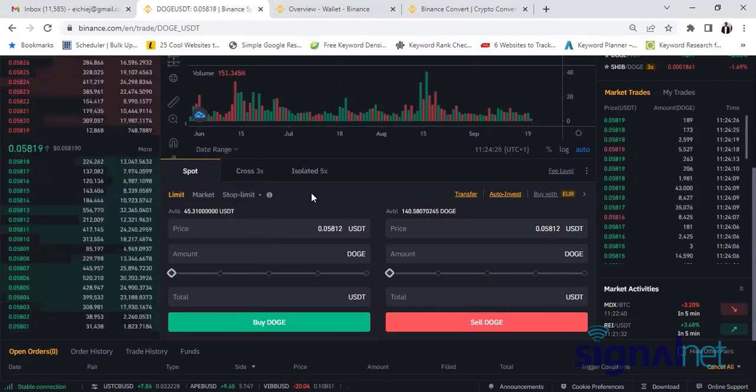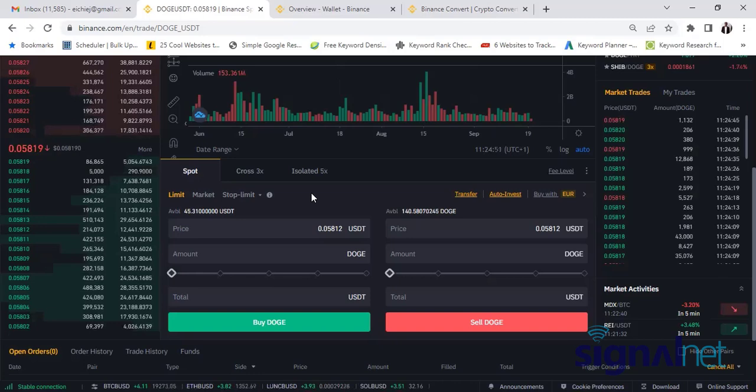Now, for the limit, there's something key here. What I'm talking to you about right now is a way that even when you don't have so much money to invest, I just want you to understand the end goal, you can still invest in the short term and make some good return.